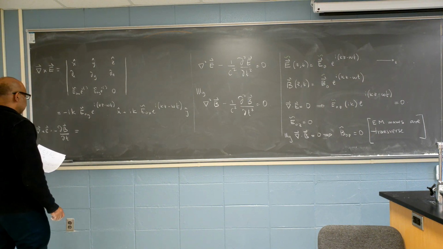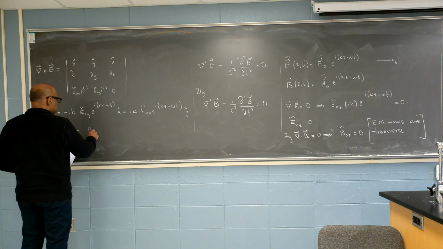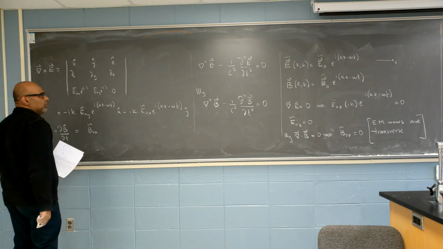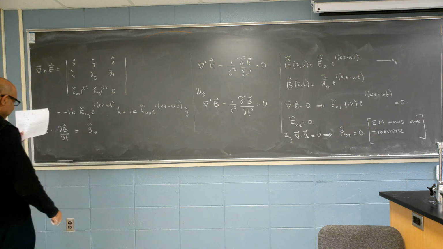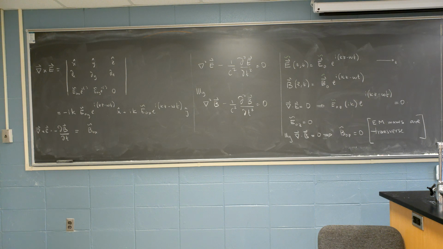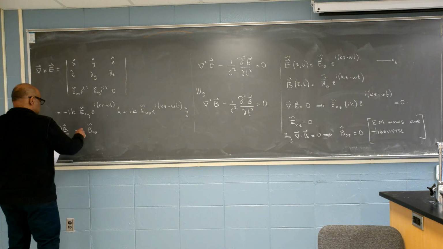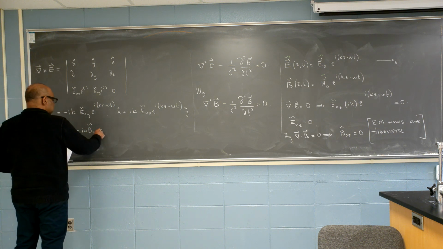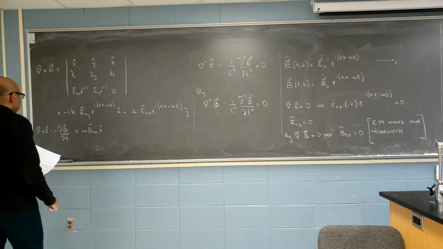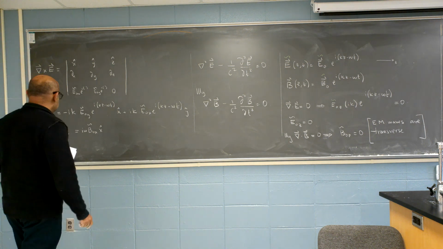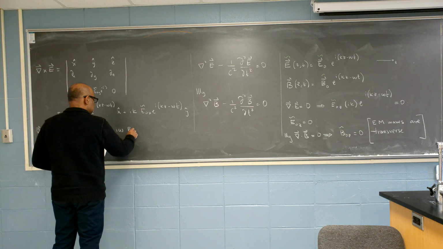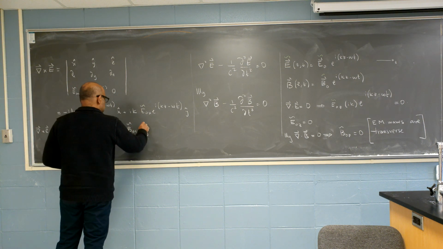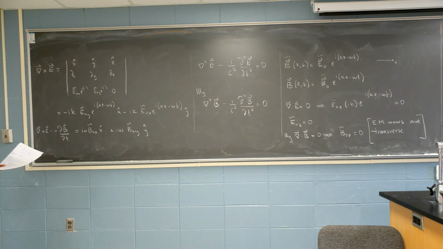I would get B0x, the complex x component of B0, and what comes out? i omega x hat, and plus i omega B0y y hat.